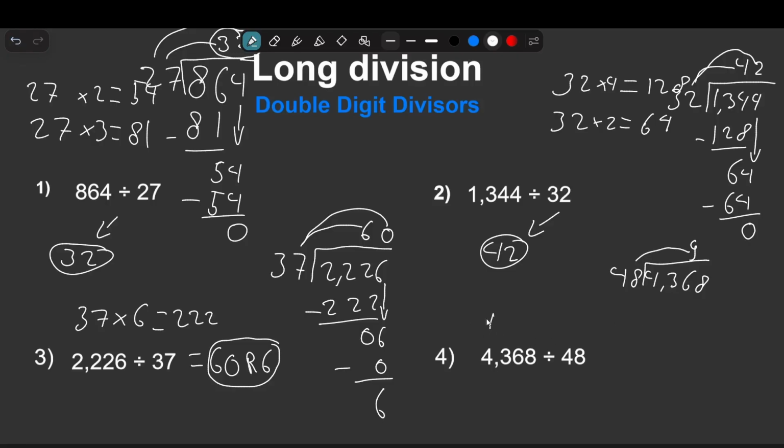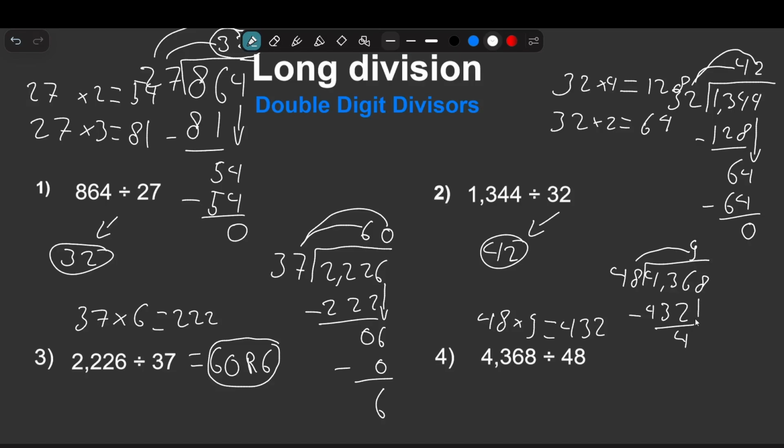So we get 48 times 9. 48 times 9 will equal 432. Now we have to subtract. So we're going to do 436 minus 432. This will equal 4.